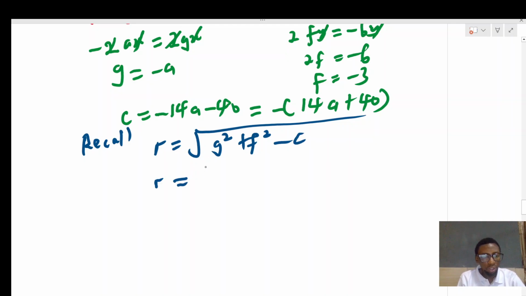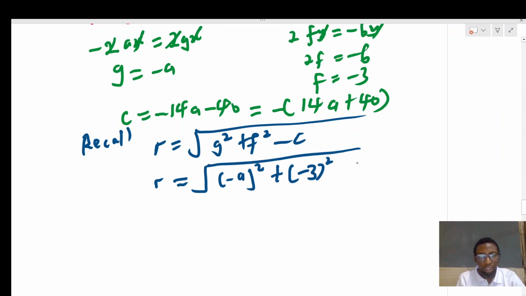So r equals the square root of, our g in this case is minus a, squared, plus our f, which is minus 3, squared, minus c. Sorry, I made a mistake here. Our c is now minus opening bracket 14a plus 40.